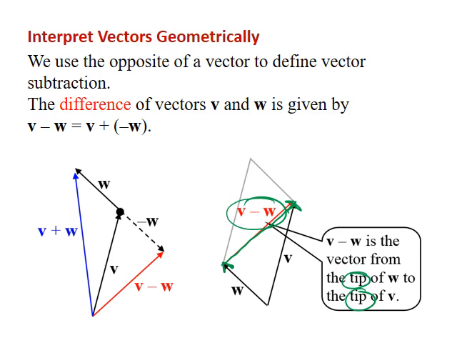And there are a couple ways you can view this. V minus W is the same thing as V plus the opposite of W. So if this is vector W, then this is negative W. So that's one way to think of it.